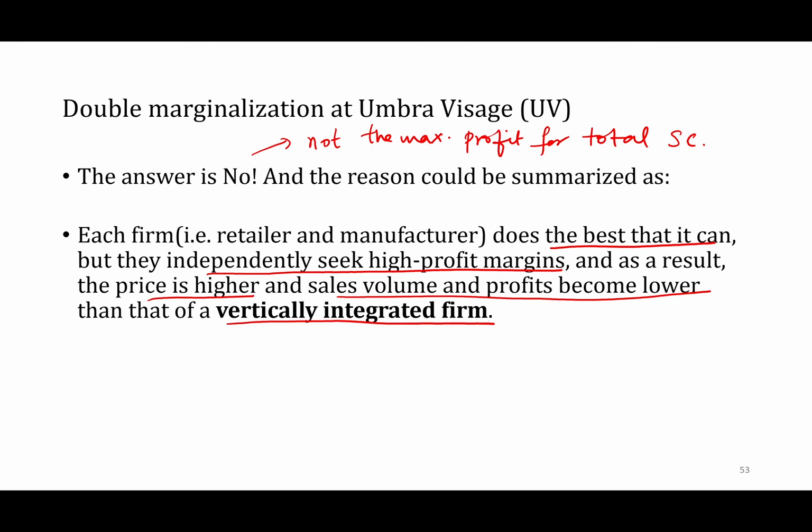This idea goes way back to when Ford was selling its products. But here, to simplify it, a vertically integrated firm means that somehow Zematia and UV have become a single entity.